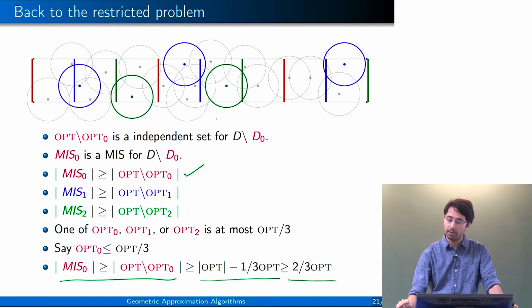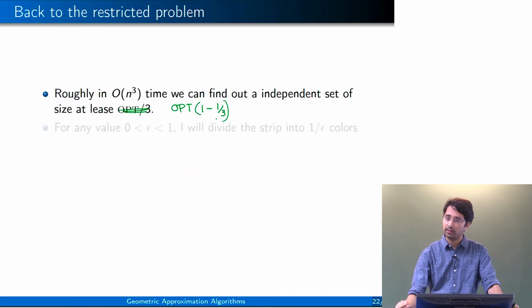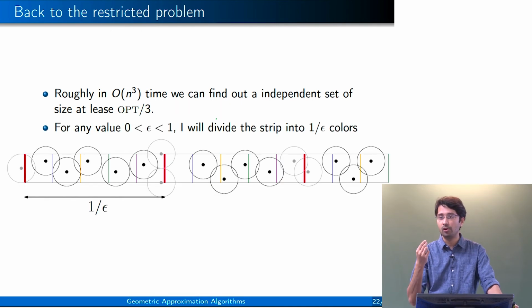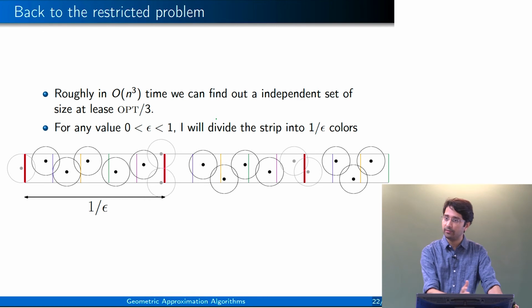How many divisions have we made? 3. Why 3? What happens for any value epsilon between 0 and 1? I can make 1 by epsilon many divisions. I can use 1 by epsilon many colors. Why 3 colors?